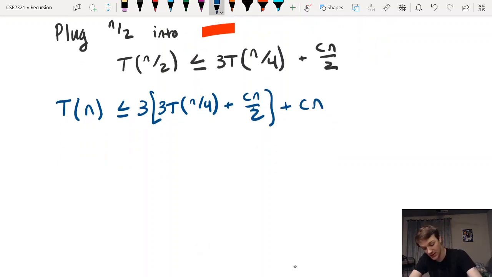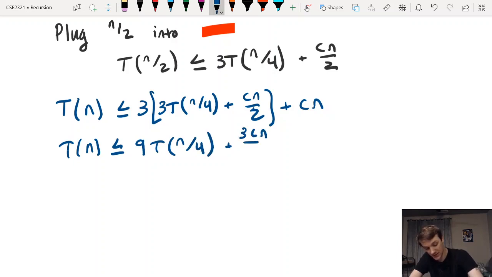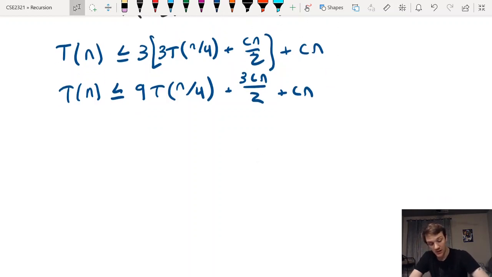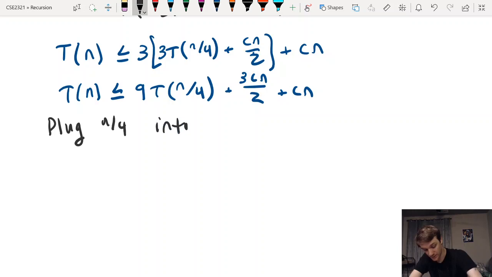Let's distribute the 3, the step I was trying to do already. This is less than or equal to 9 t of n over 4 plus 3cn over 2 plus cn. Now, let us do another substitution. So let's plug n over 4 into the red barred equation.